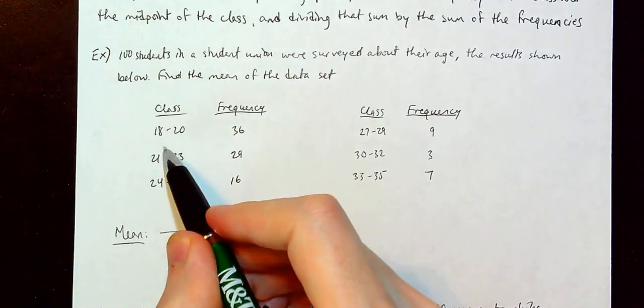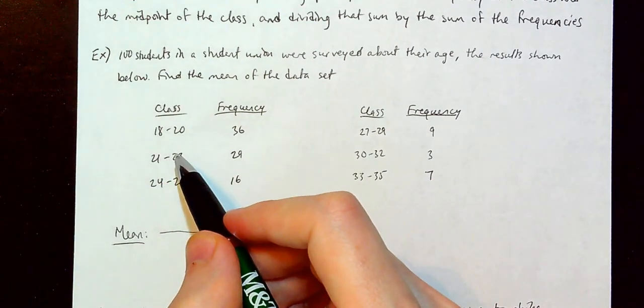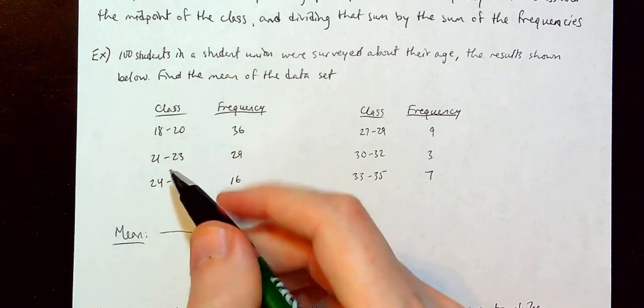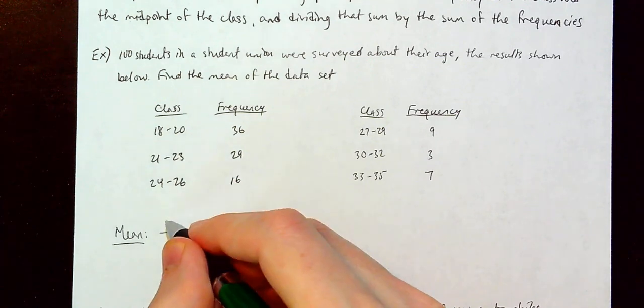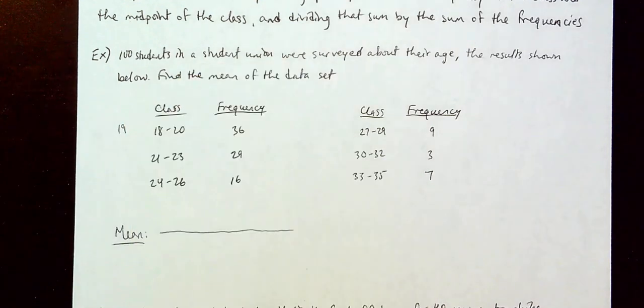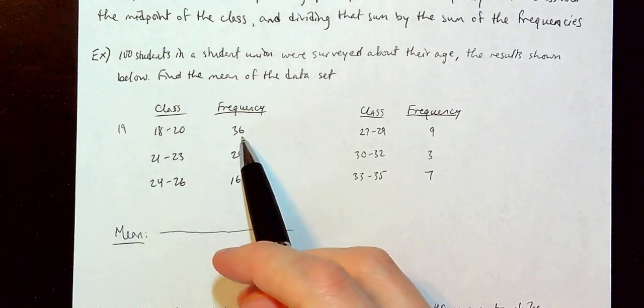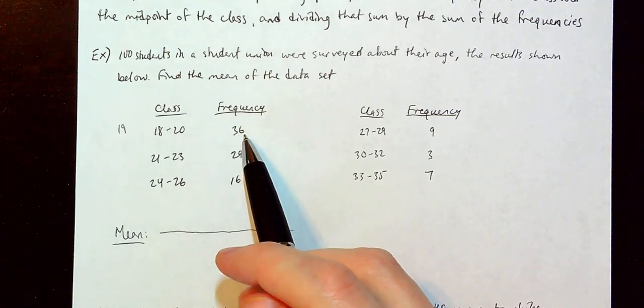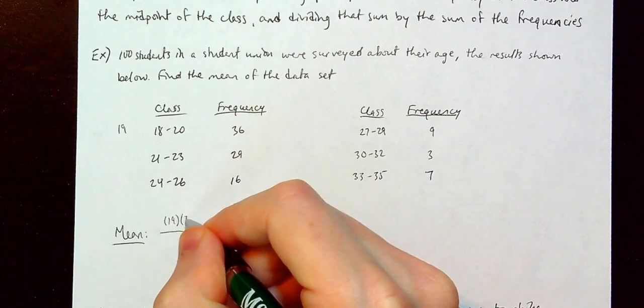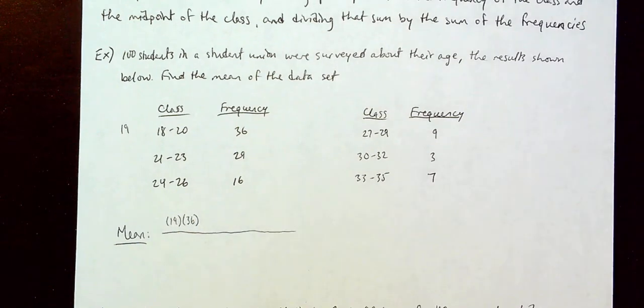So if I look at the class of 18 to 20 years old, the midpoint of 18 to 20 is 19. So I'm going to take that number 19 and I'm going to multiply it by the frequency for this class. That's going to be one of my products.